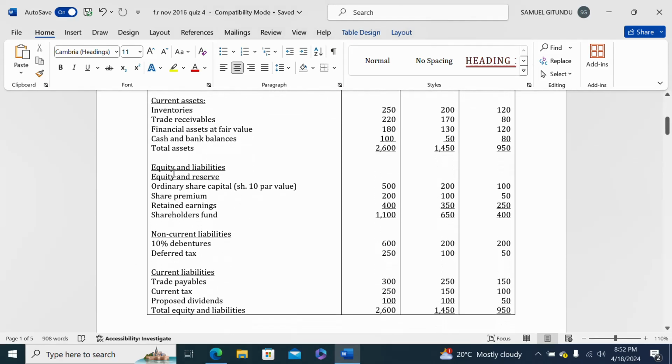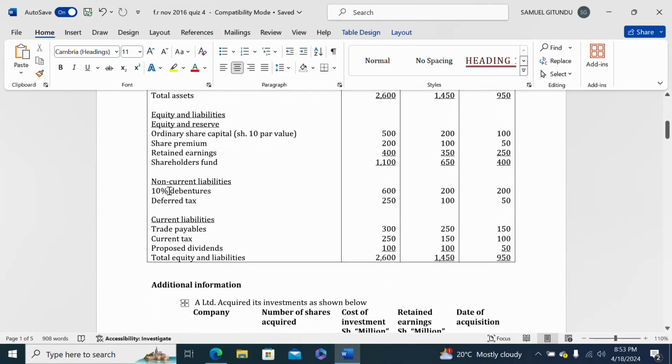Then we go to equity and liabilities, equity and reserves: ordinary share capital of shillings 10 par value, share premium, retained earnings, and then shareholders' funds, that is the total of ordinary share capital, share premium, and retained earnings.